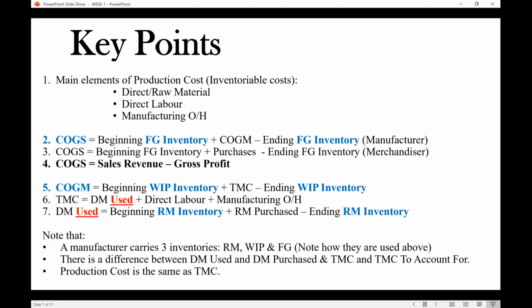In this topic, most times you're finding the information for the manufacturer, unless it tells you otherwise. And based on the question that you're given, the information that is there, you should be able to know which equation you're finding.